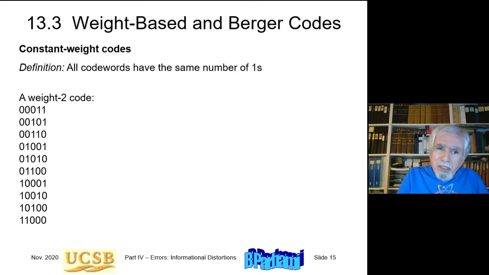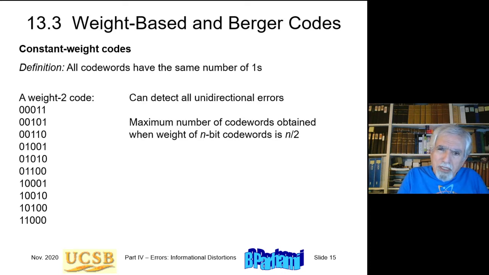Unidirectional errors in any number of bits are detected. Of course, a single bit error is always unidirectional, right? If you have a single bit error, either a 1 changes to 0 or a 0 changes to 1. So single bit errors, and in fact all unidirectional errors, are detected.